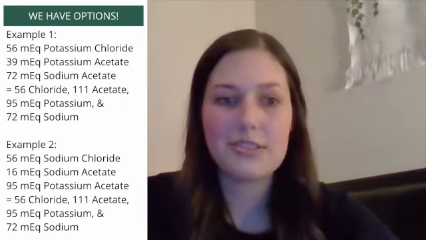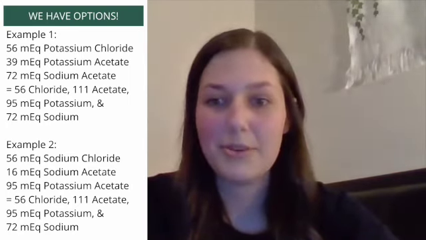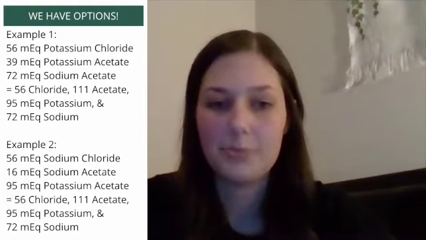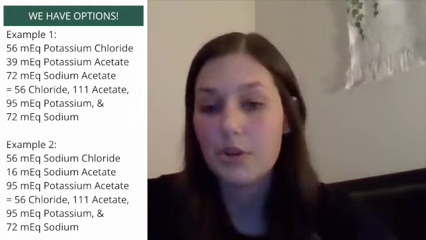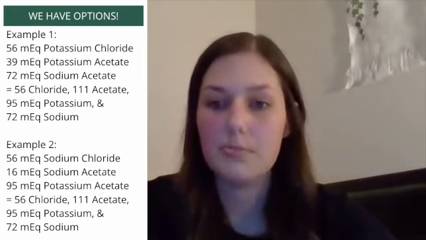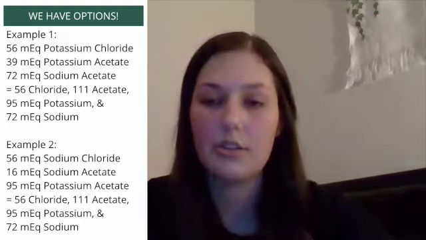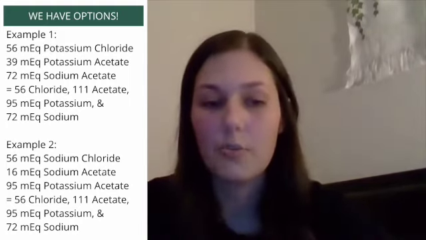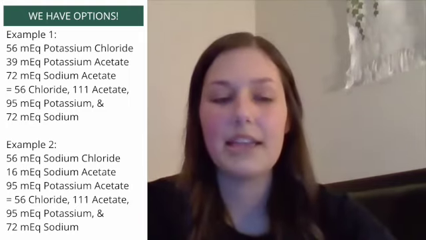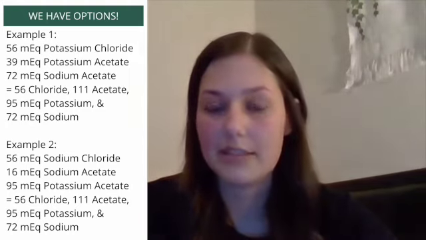So it's kind of just a little math that you can choose, what you want to provide in terms of potassium chloride versus acetate or sodium chloride versus acetate, knowing that in total, in order to meet that 1/3 chloride and 2/3 acetate ratio, you want to provide 56 milliequivalents of chloride and 111 milliequivalents of acetate.